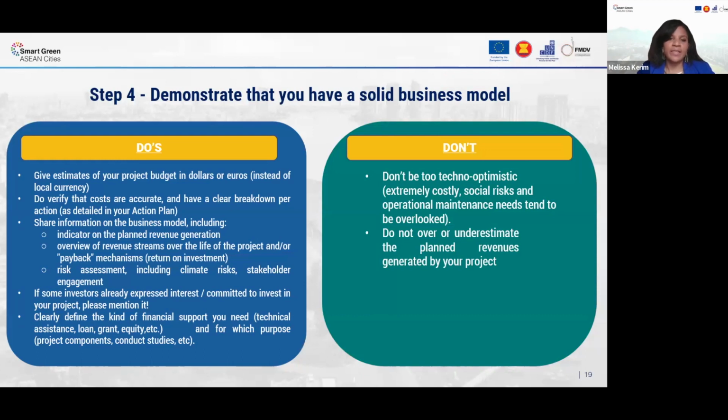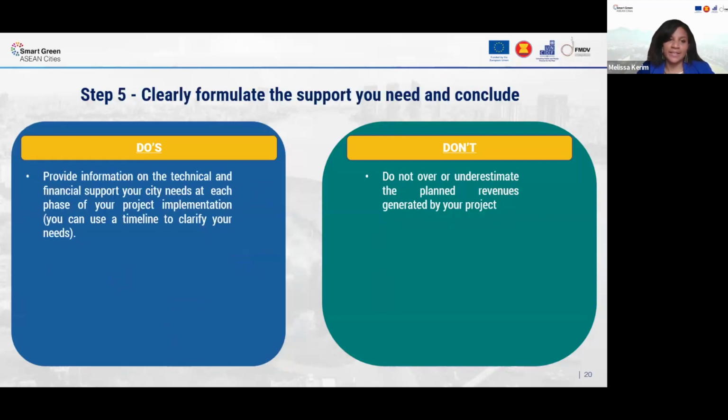If you go to the next slide, that's the last slide, and you need to end your pitch with a clear and concise ask. You need to explain what kind of technical and financial support you request, from whom, and what for. If you need support to develop a pre-feasibility study or a feasibility study, make it clear and add the budget that you need.